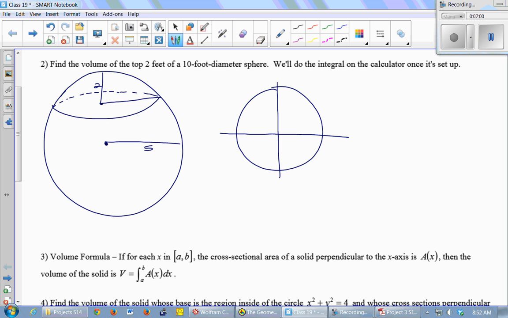This is the center of my sphere, and I'm picking some random place here to be my height h. What I need to know is what is the radius there. And I know that the radius everywhere is 5 for my whole sphere, because it's a 10-foot diameter sphere. And then this distance from this random spot x down to the center would be 5 minus h.